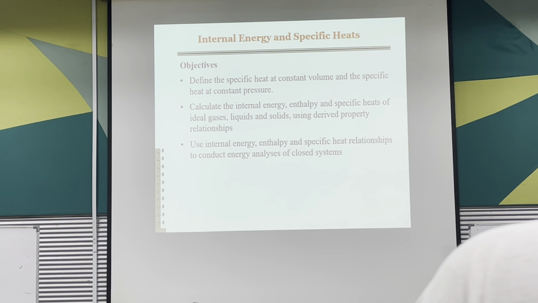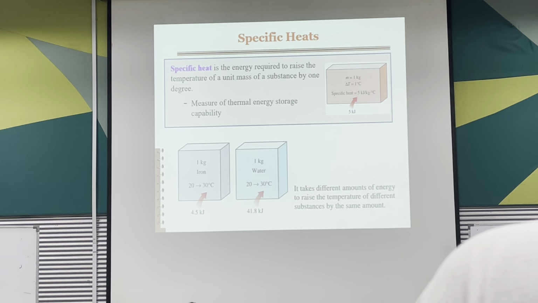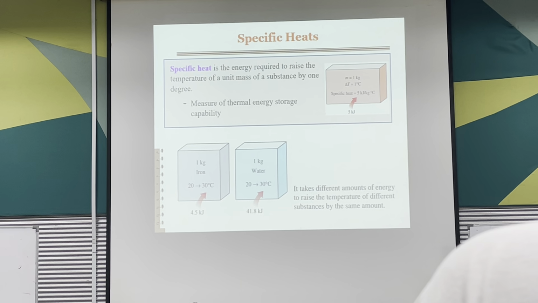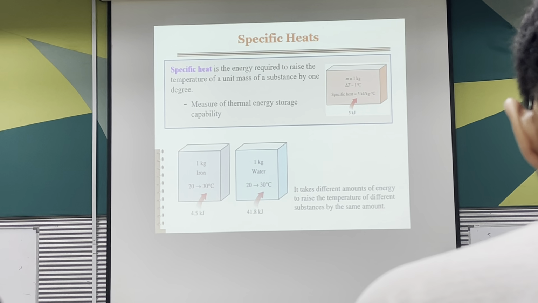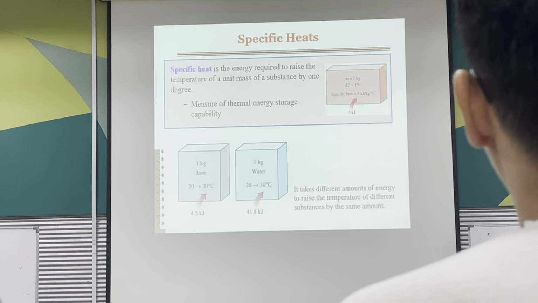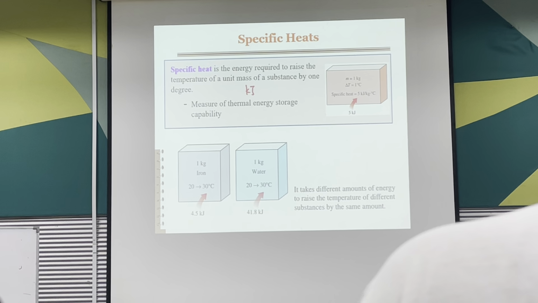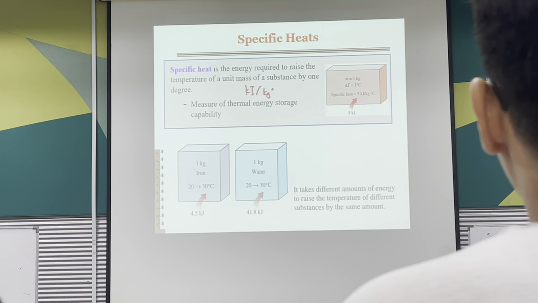Okay, specific heat is something that you have learned before. It is the term C. Specific heat is the energy required to raise the temperature of a unit mass of a substance by 1 degree, which is also why the unit is kilojoule per kg degree Celsius.